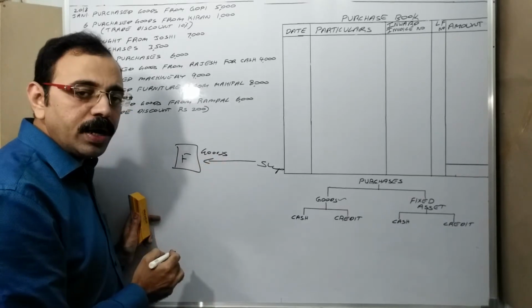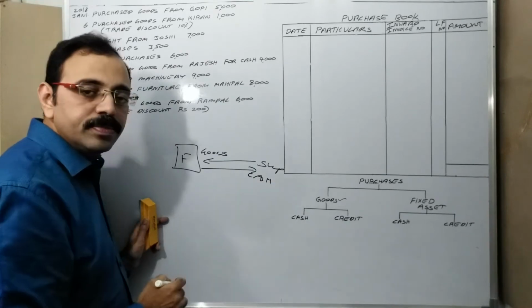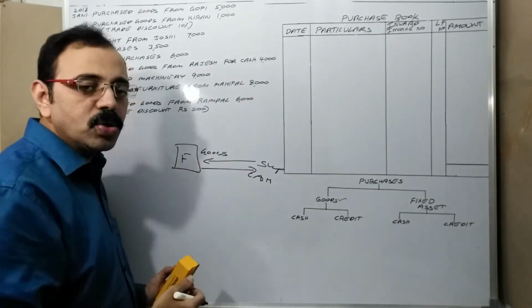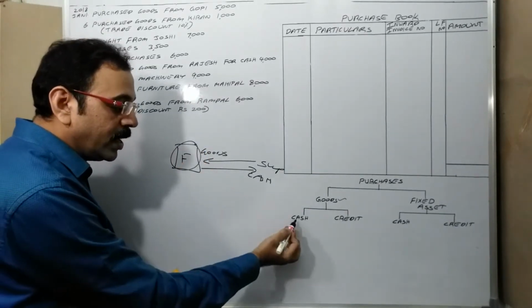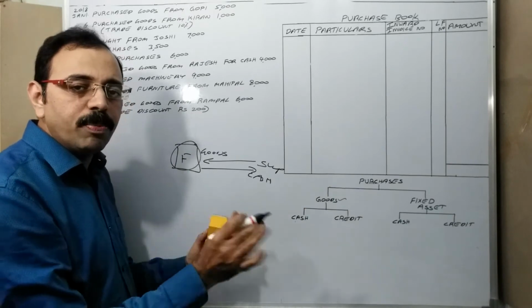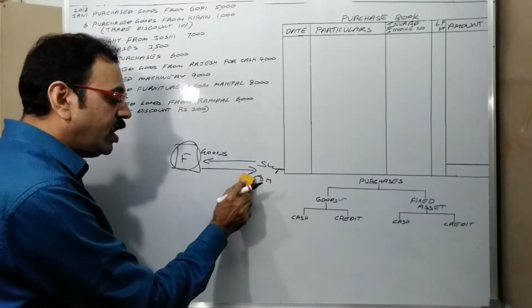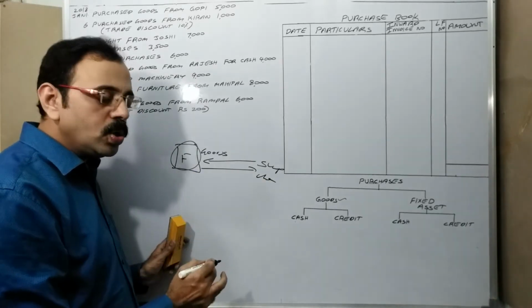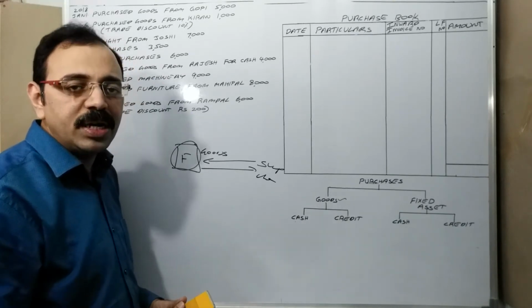And assume that immediately we paid cash. On the same day, goods are coming and cash is going. For us, these purchases are known as cash purchases because we paid money immediately. Sometimes, instead of giving cash, we may issue a check. That also comes under cash purchases only because the transaction is completed there.